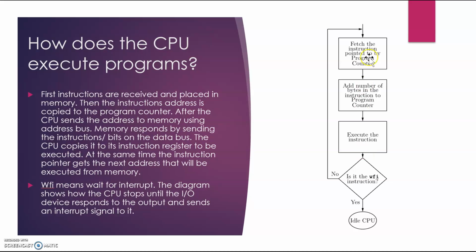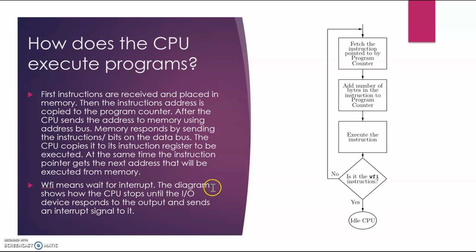So here on the right side, we can see: fetch the instruction pointed to by the program counter, add the number of bytes in the instruction to the program counter, execute the instruction. Is it a WFI instruction? WFI means wait for interrupt.